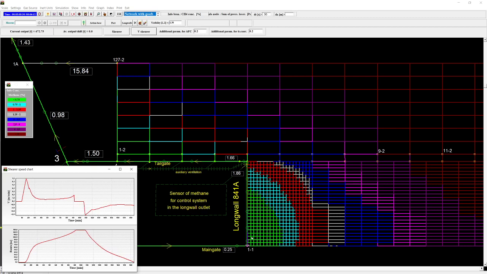Now the shearer has reached the main gate corner, and its cutting velocity will be reduced to zero, and we've got another 15 minutes break for the turnaround activities, and the shearer will start the next cut towards the tailgate.